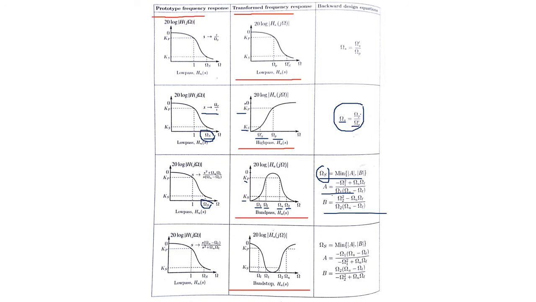Again, now find h of s, normalized low pass filter value, then replace all s by this value, that is s equal to s square plus omega u into omega l divided by s in bracket omega u minus omega l. Now we will get new transfer function, which is transfer function of band pass filter, and similarly we can design band stop filter.